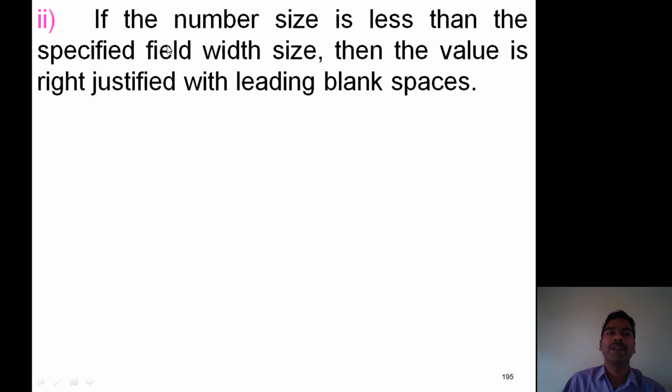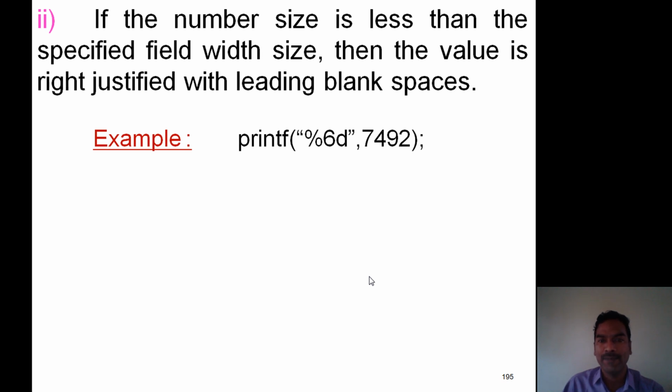This point: if the number size is less than the specified field width size, then the value is right justified with leading blank spaces. Now observe this example: %6d.